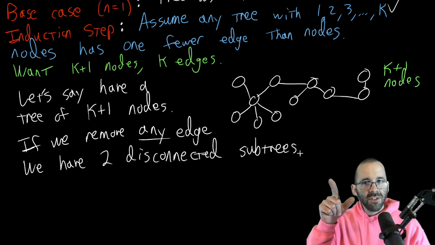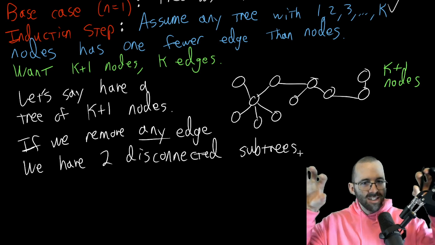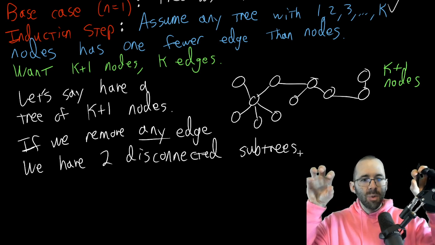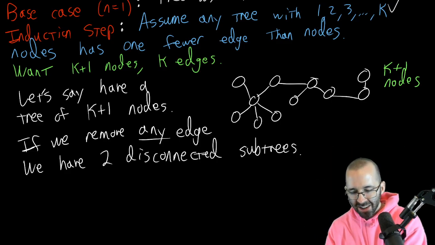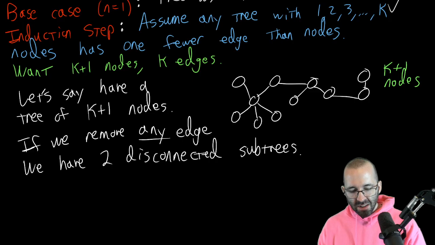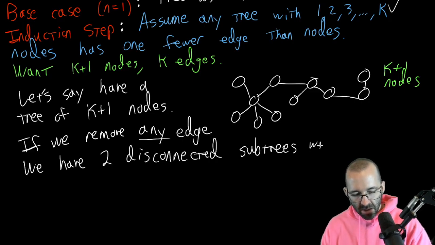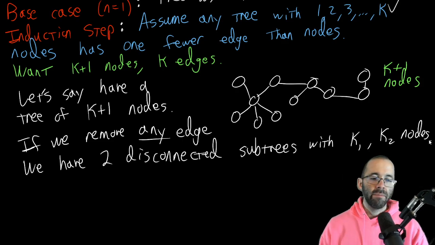Because if we remove an edge, and then we can count those individual edges, well, then the original one must have had those two plus 1, right? So we have two disconnected subtrees. Let's say each of these subtrees have K1 and K2 nodes in them.